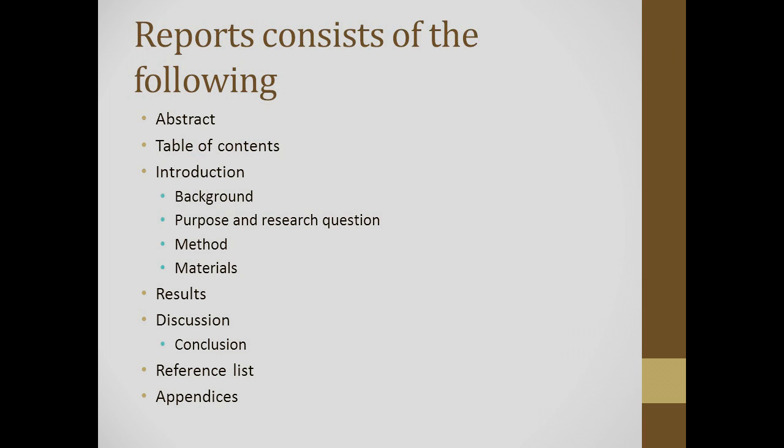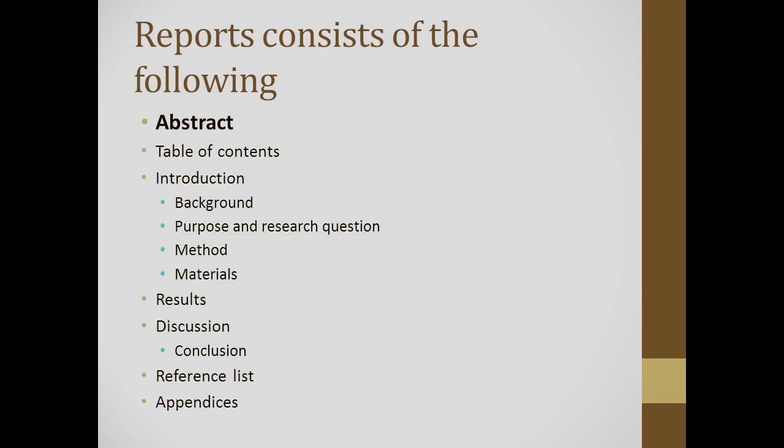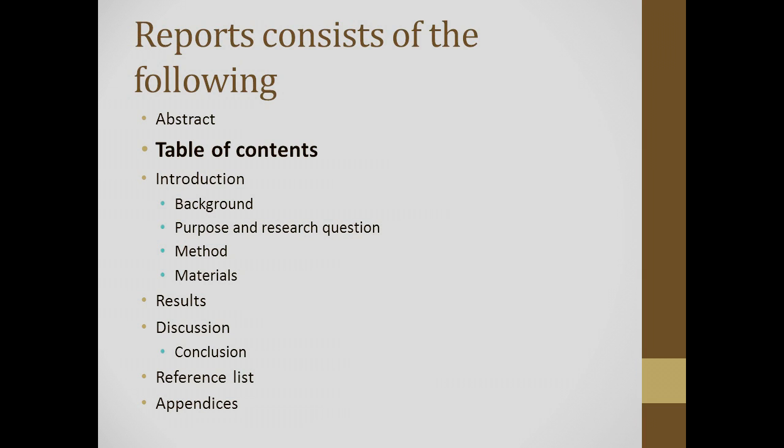It should contain the writer, the tutor, the school, and the program. And the abstract, a short summary of the work, should present the purpose, issues, and results in a very concentrated manner. Table of contents lists everything that the work includes, and references it by page number.